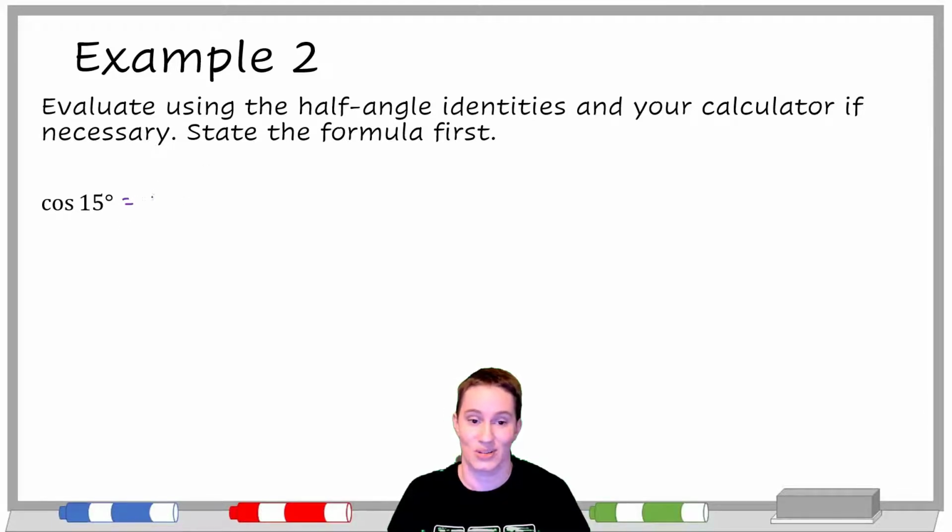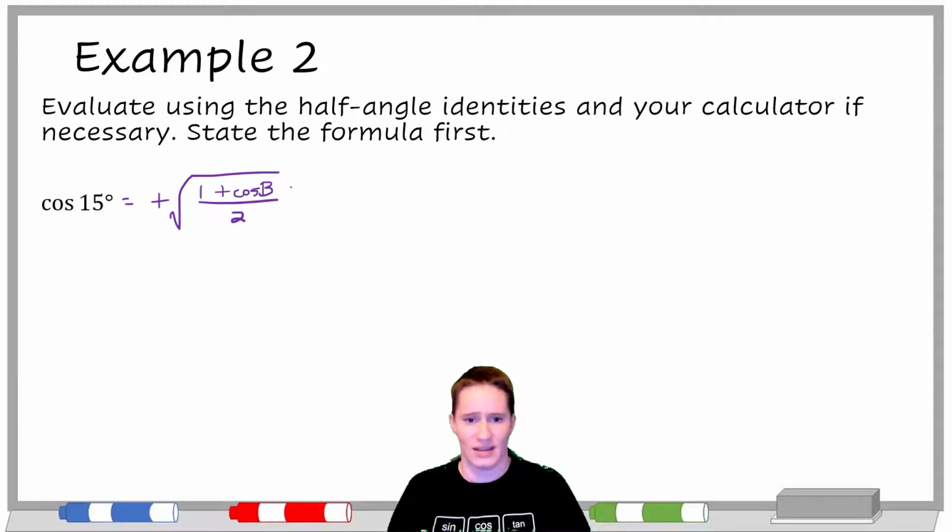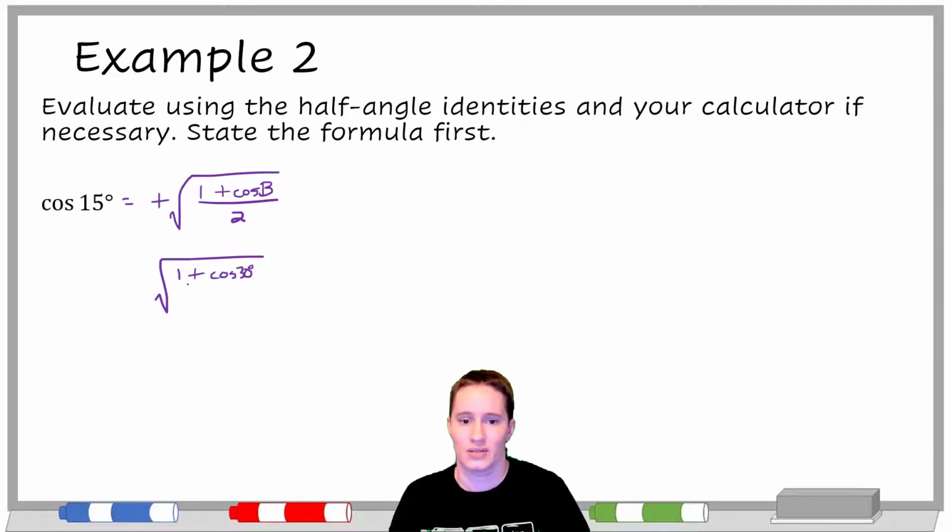So 15 degrees, again, is in the first quadrant, so positive. This one is 1 plus cosine b. It's so interesting that the only difference between the two is that sine has a minus and cosine has a plus. Again, b is 30, so we're going to do 1 plus cosine of 30 degrees over 2.